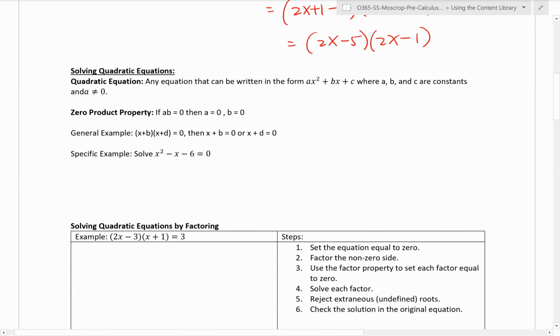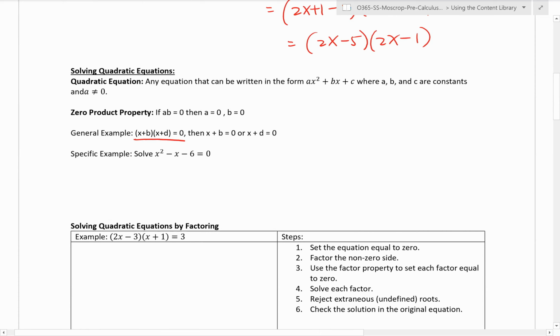We have actually seen this before in the previous unit when we solved radical equations, because when you square both sides to get rid of the square root, sometimes you do end up with a quadratic equation. In general, when you factor, you get something like this.